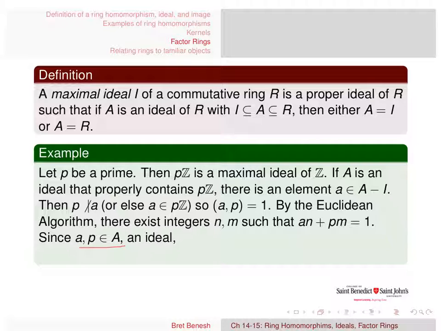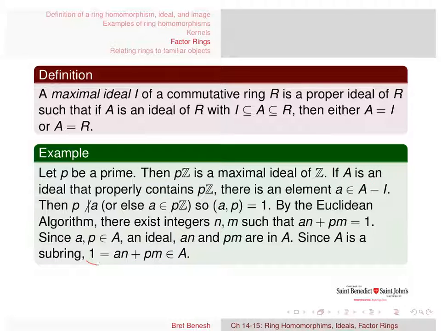And now we have a and p are in an ideal. Why is p in A? Well, because A contains pZ and p is in there. So A is an ideal, so whenever I multiply anything that's in A, like a, by anything else, you stay in A. Similarly, p is in A, so by the absorption property, pm is in A. That means that 1 is in A. But what does that mean?